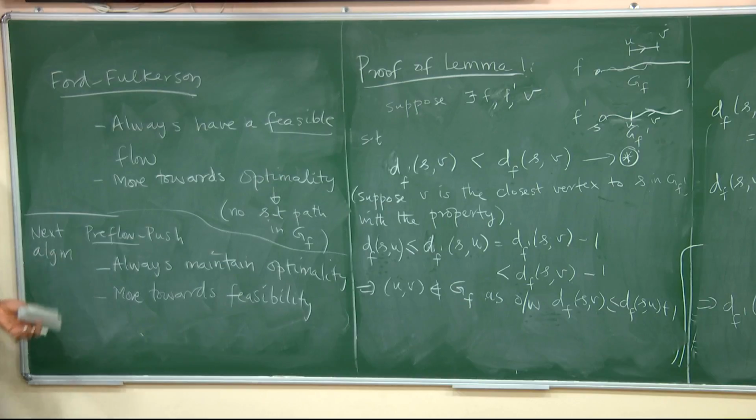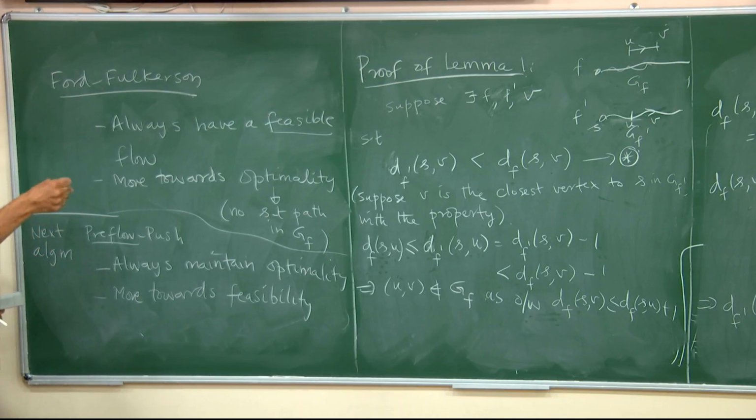So there won't be an s-t path, and you will have optimality. In a sense, I am maintaining optimality, but I am not feasible because I'm not satisfying conservation constraints.